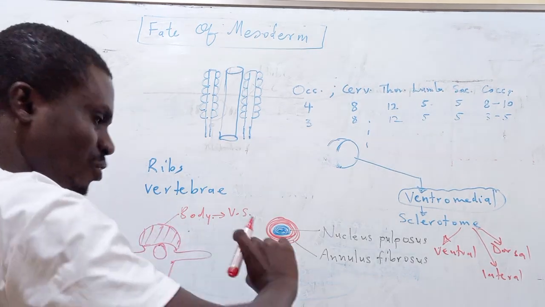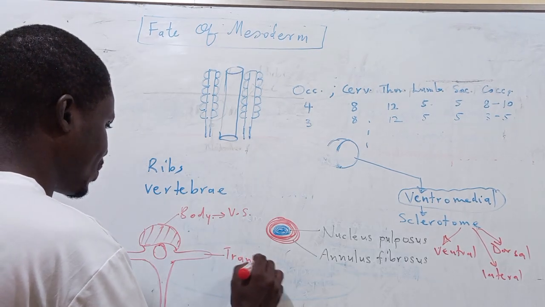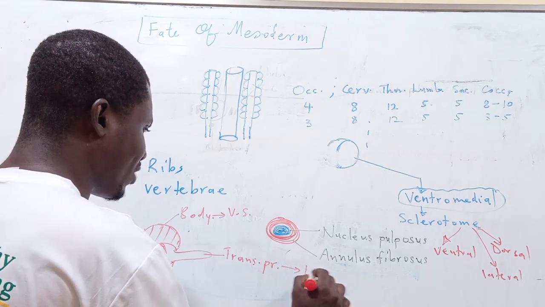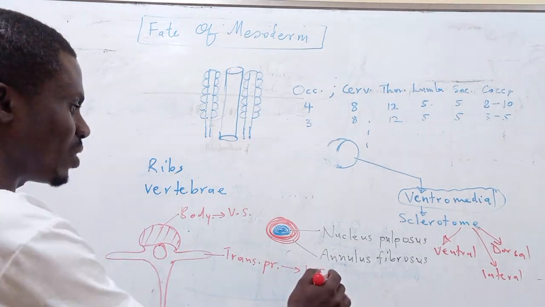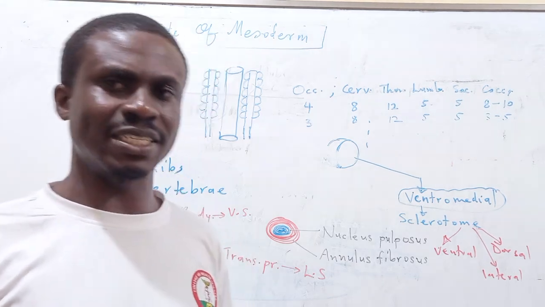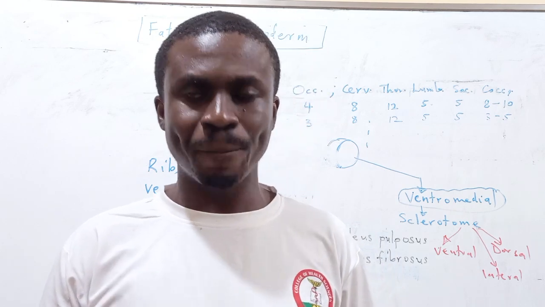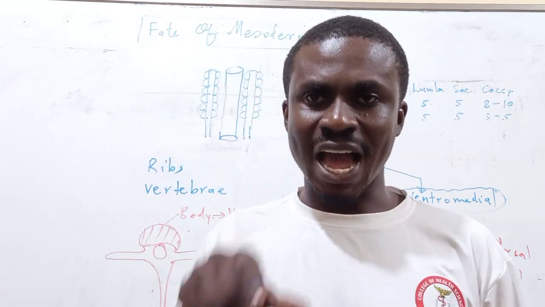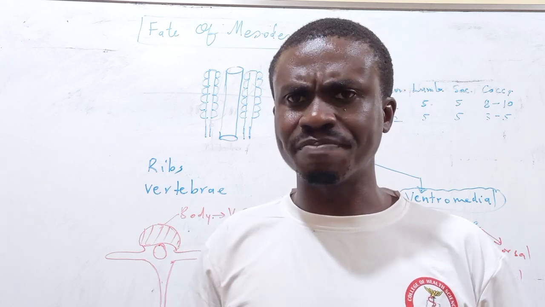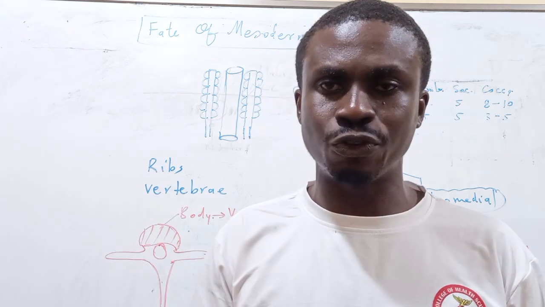Then towards the lateral aspects, we have the transverse processes. The transverse process will be formed from where? Lateral sclerotome. Lateral sclerotome will give rise to these transverse processes. And my friends, not only that, even the pedicle and, of course, the lamina, forming that kind of vertebral arch, will be coming from this lateral sclerotome.